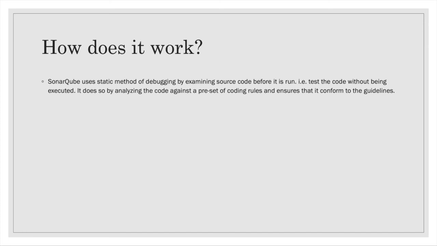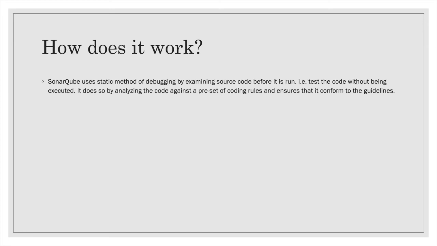So the team lead could set the guidelines and put the rules in SonarQube so that the rules are enforced and followed by every developer on that project. It checks the code while it is being written, and it performs an analysis on it, and based on a set of rules that are already predefined, it sees whether the standards of testing are met or not.